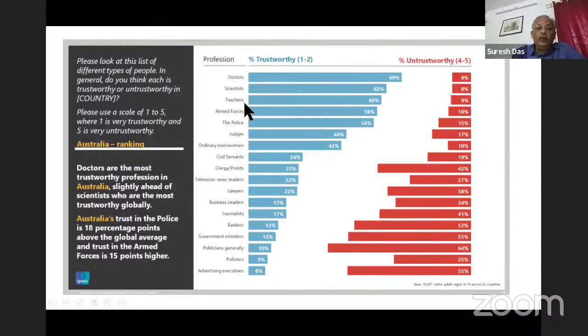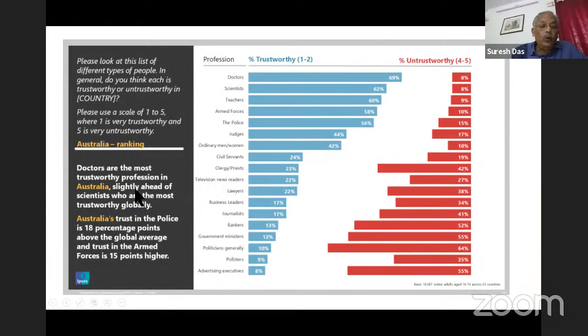In Australia, doctors were considered most trustworthy, but you can see scientists rank fairly high. At the bottom you can see pollsters, politicians, government ministers, bankers, and journalists. They rank fairly low. The doctors, as I said, were slightly ahead of scientists.